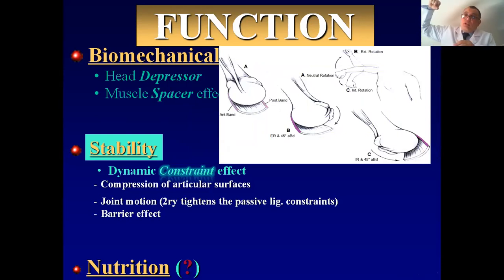During abduction external rotation, the position in which anterior dislocation occurs, to perform an external rotation, the teres is contracting. It is the main external rotator of the glenohumeral joint. If the rotator cuff muscles were acting in an agonist-antagonist mechanism, then the subscapularis, which is the internal rotator, should be inhibited.